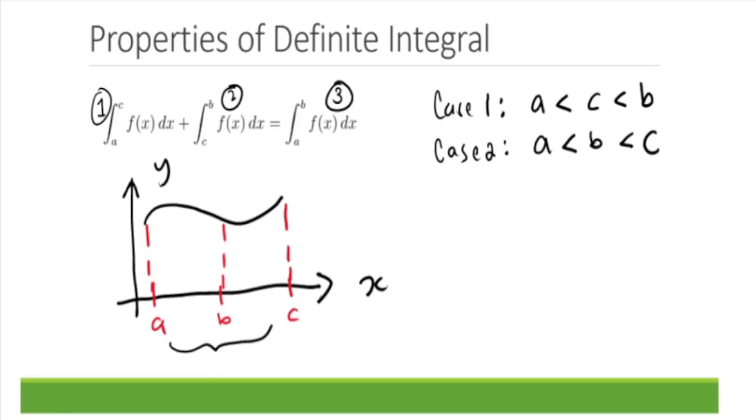In this case, our 1 is this entire thing. Our 2, our 3 first. Our 3 is this one.